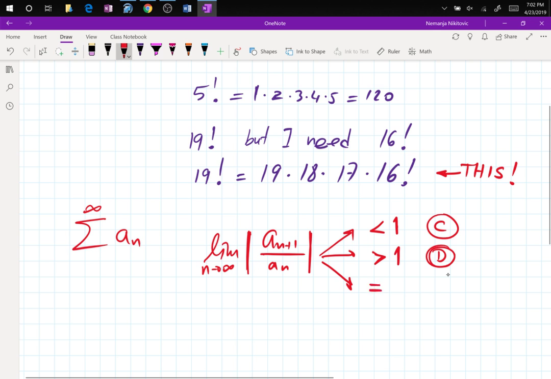And if it's equal to 1, the test is inconclusive, you have to use something else. Those are very annoying situations, because the ratio test is one of the dearest and best tests. You first try the divergence test, and if you don't recognize geometric, you immediately run to ratio. So, inconclusive.